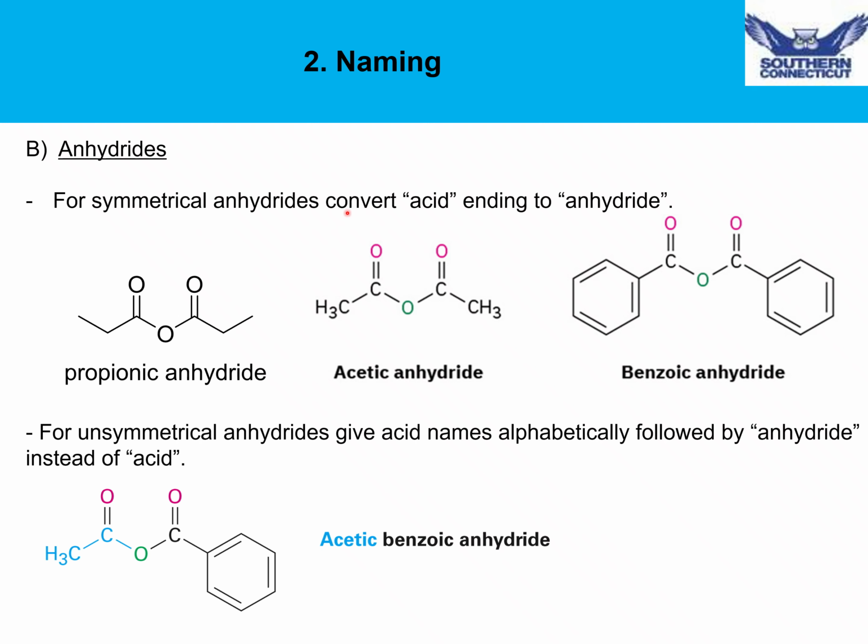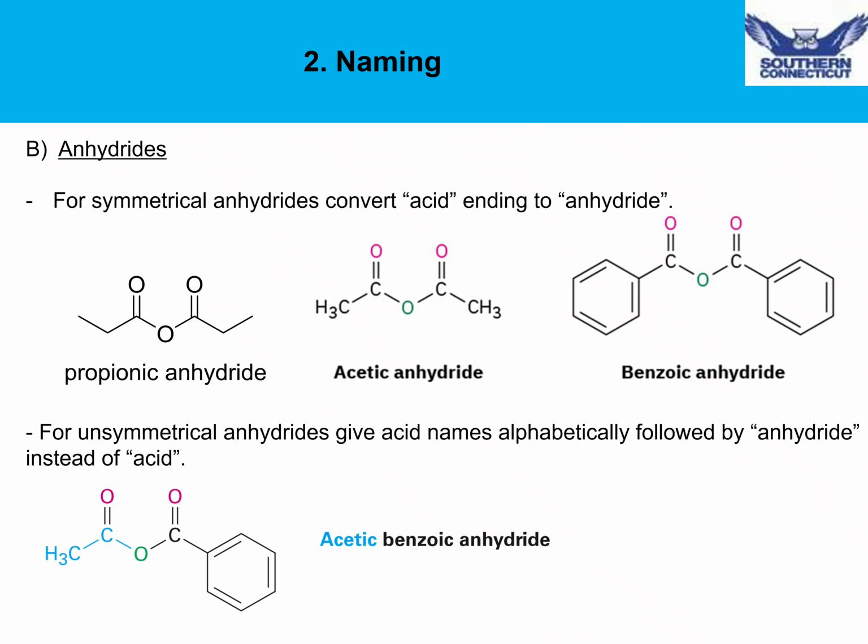Symmetrical anhydrides, as far as naming, we're going to change the acid ending of the carboxylic acid that is used to make that anhydride with the suffix anhydride. As an example, this symmetrical anhydride, if we split it in half and turn each side into a carboxylic acid, we actually have two molecules of propanoic acid hidden within this anhydride.